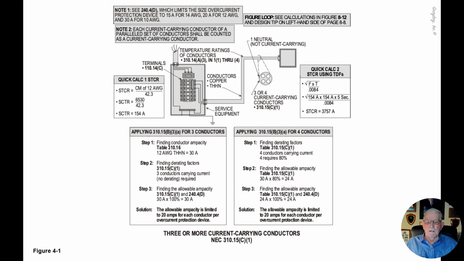So that's what our figure 4-1 is illustrating to us, making clear how we could figure the ampacity for 3 or fewer current carrying conductors, what the ampacity would be for 4 or more current carrying conductors, the short time current rating, and the long time current rating of a conductor.